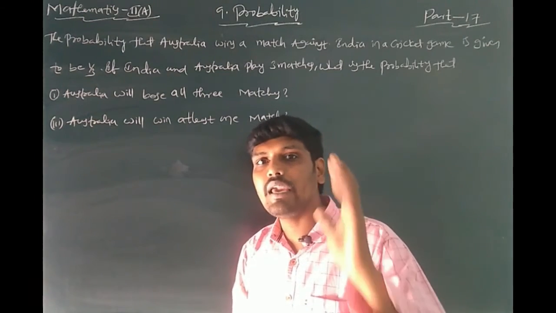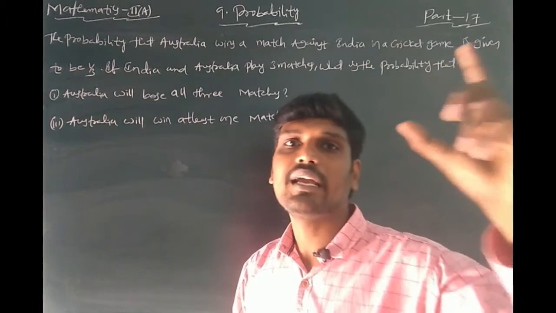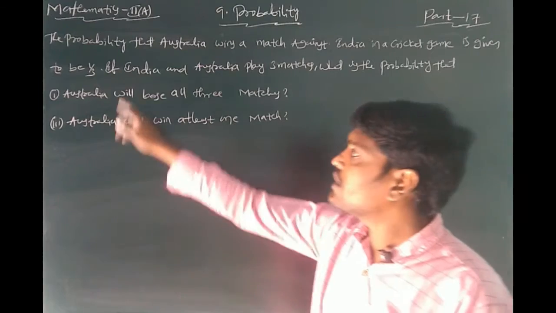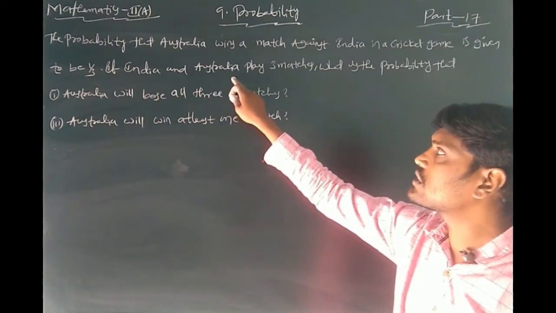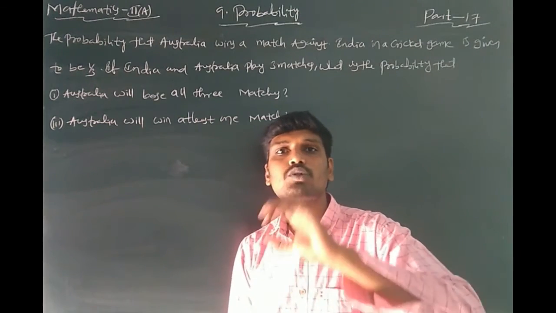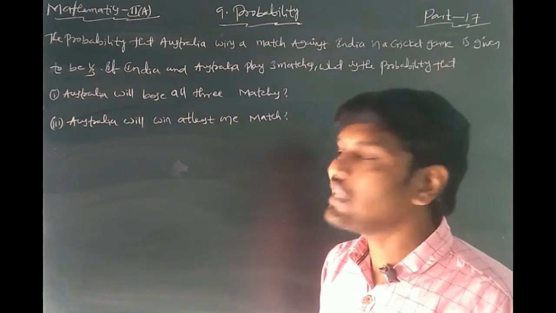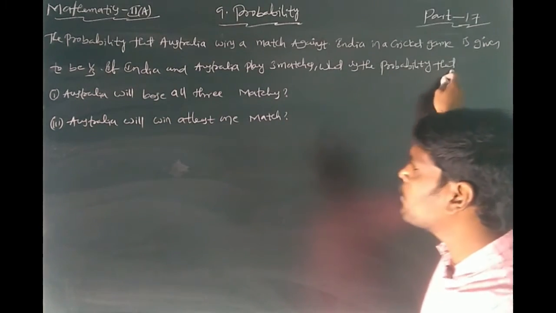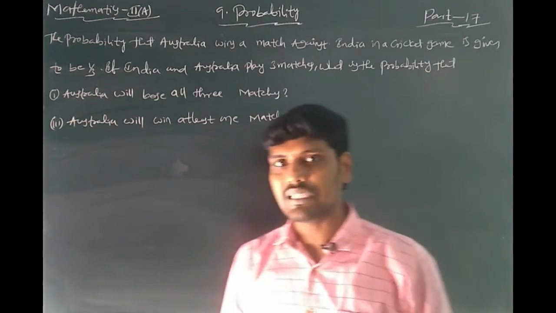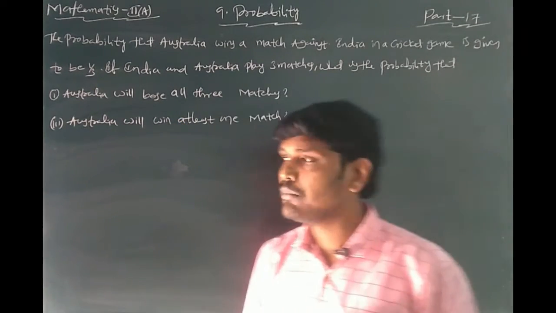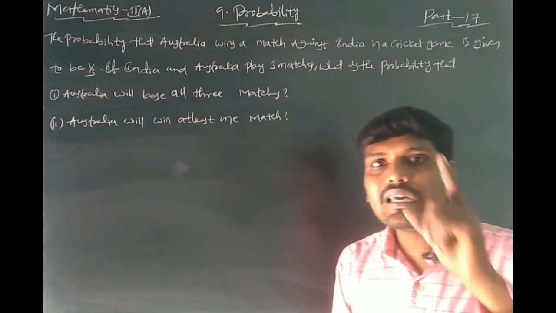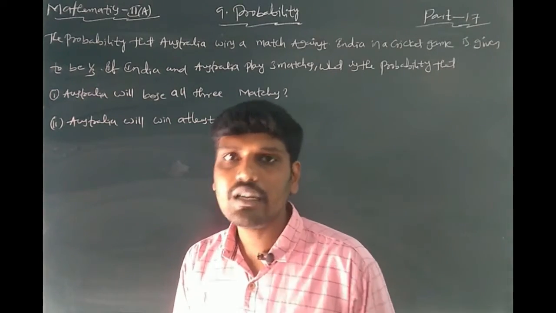If India and Australia play 3 matches, what is the probability that, first, Australia will lose all 3 matches, and second, Australia will win at least 1 match?